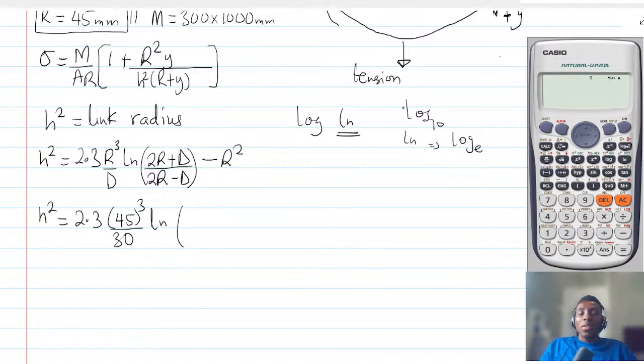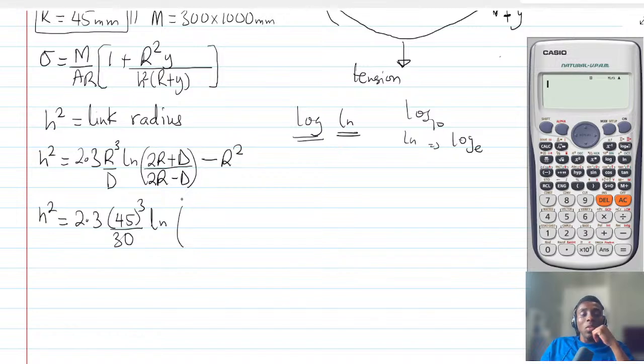So pay attention to this. It is always ln, not log. Sometimes in some programming languages, if you write log, it means ln. But in this context, we are dealing with the natural logarithm, not the log to the base 10.